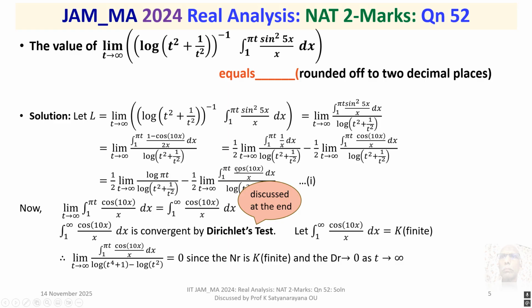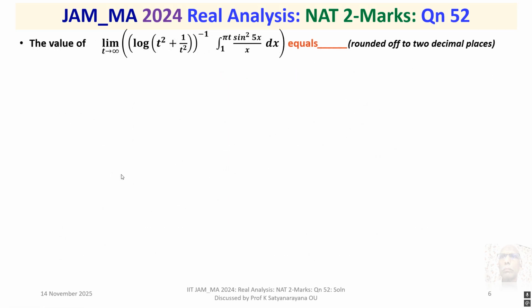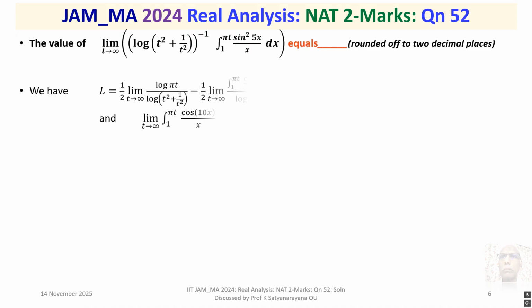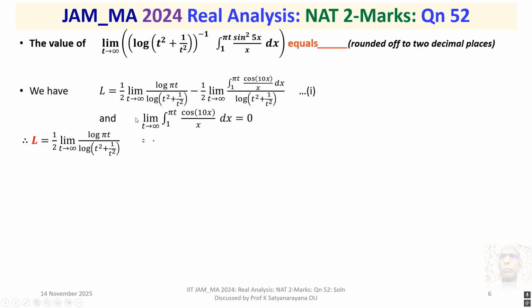So this second term has gone. So we are left with only the first term. The second term is 0. So L will be equal to 1 by 2 limit t tends to infinity of log pi t by log of (t square plus 1 by t square).